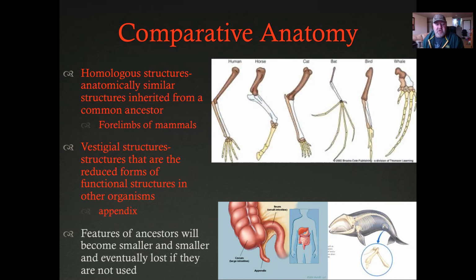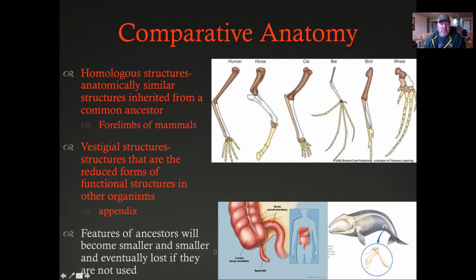Another vestigial structure would be the pelvis of a whale. Now, the function of a pelvis is to hold the weight of the upper body. Well, whales are in the water, and their body weight is distributed amongst all of the surfaces because they're swimming around in the water. So they have zero need for a pelvis. Humans have a huge need for a pelvis because we need something that supports all of the weight from the upper part of our bodies, okay?